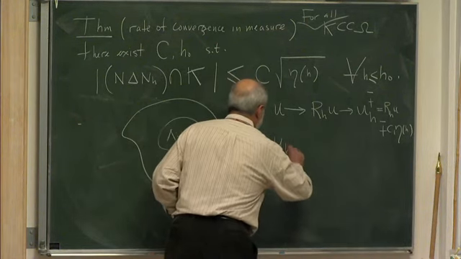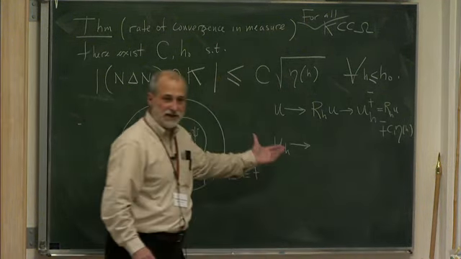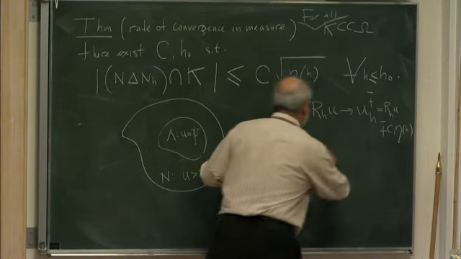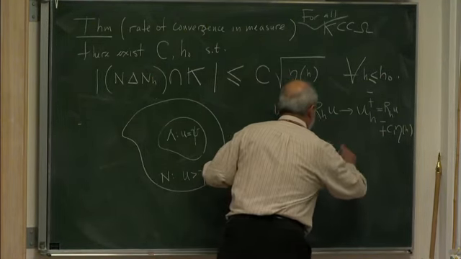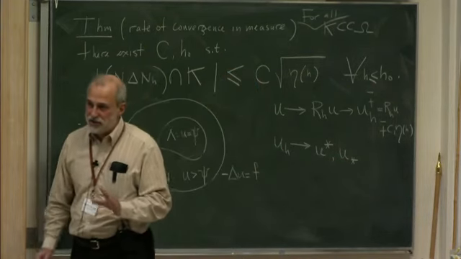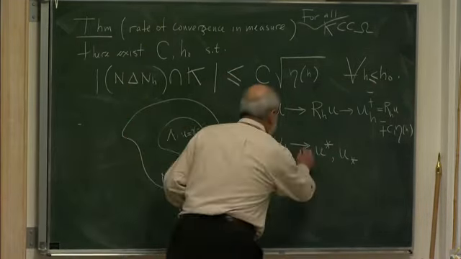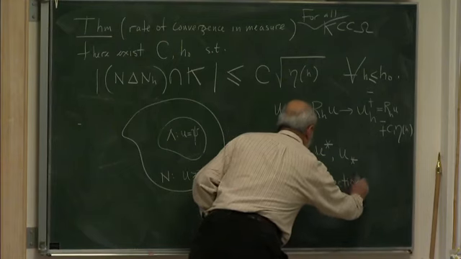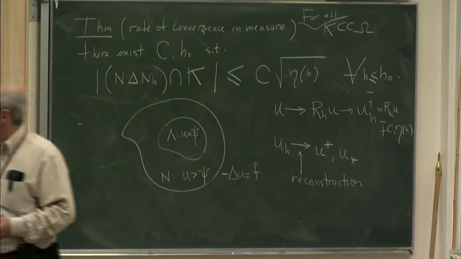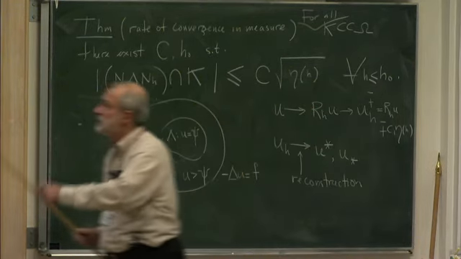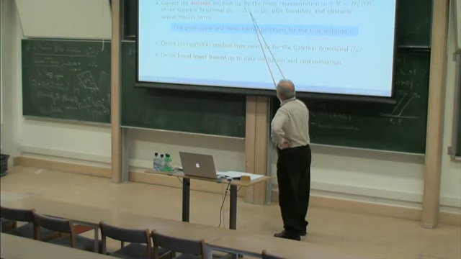Here we start with uh, and we have to reconstruct the u. In order to reconstruct it, we are going to get something that I'm going to call u upper star and u lower star. They will be super and sub solutions for the continuous equation. So in order to do this reconstruction, because all the information in the uh is contained in the Galerkin functional, we solve this auxiliary problem, where the right-hand side is the Galerkin functional I mentioned earlier.